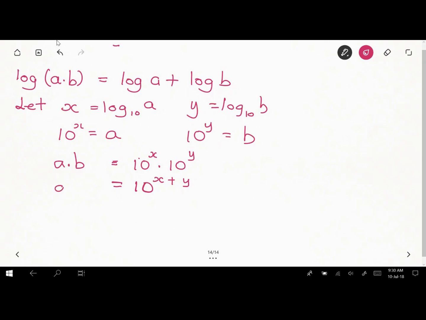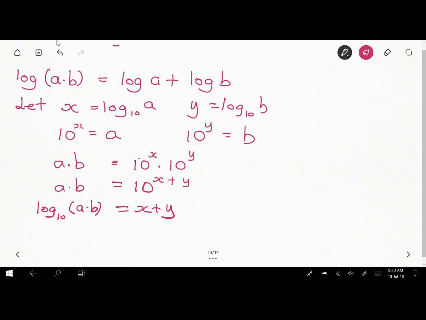So let's take log on both sides, and what we have is x plus y is equal to log 10 of a times b.